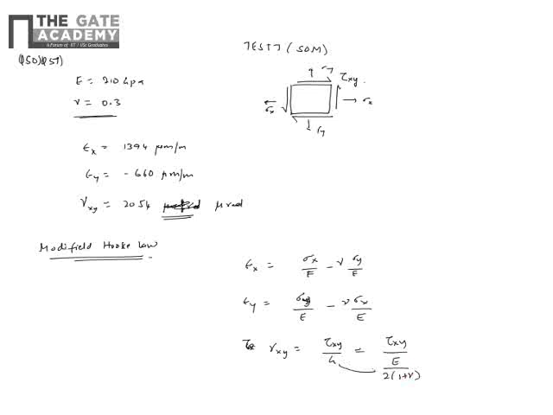So G is related as 2 into 1 plus mu by E times tau xy. So this is what I get, these three equations.